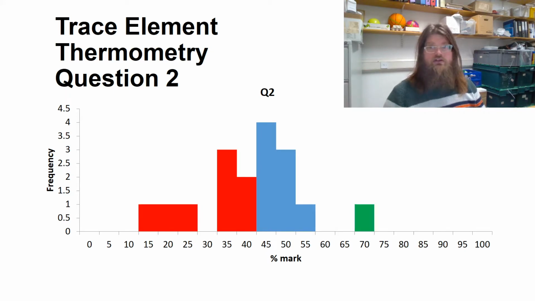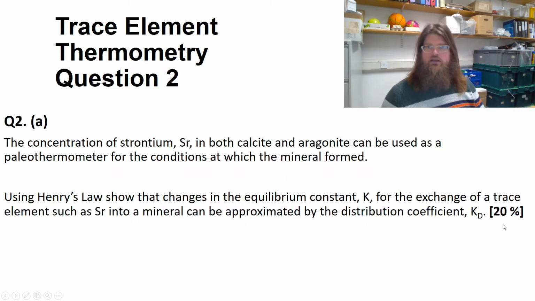So this was a question about trace element fractionation, and they wrote a quite detailed, correct answer about isotope fractionation, but not one that answered the question that was asked. So they lost quite a lot of marks for doing that, which was sad times.